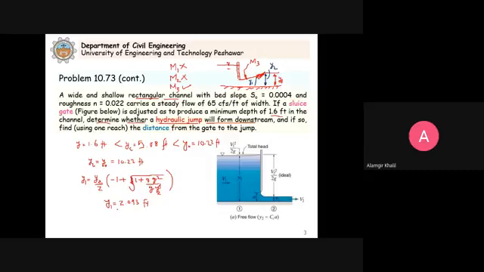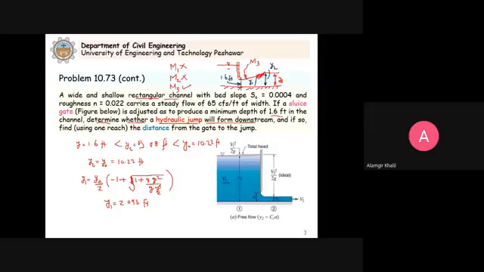Clear? Now you can see here that just downstream of the gate produces a depth. Let's say this is the section here. At this point, the depth is 1.6 feet, because we operate this gate at 1.6.